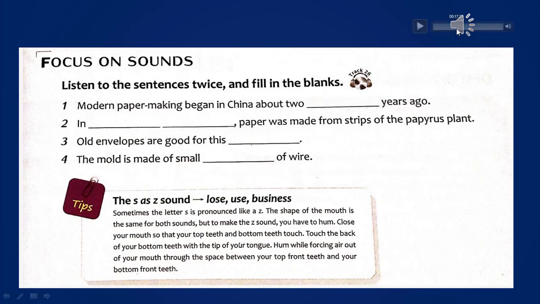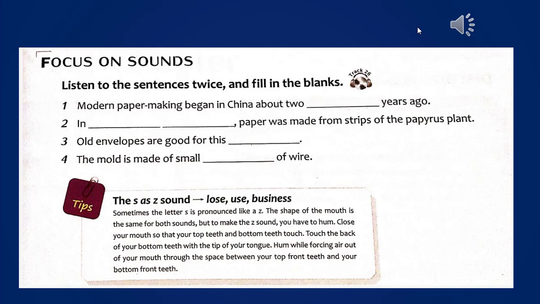Okay, so please start. Number 1. Modern paper making began in China about 2,000 years ago. Modern paper making began in China about 2,000 years ago. Number 2. In those days, paper was made from strips of the papyrus plant.